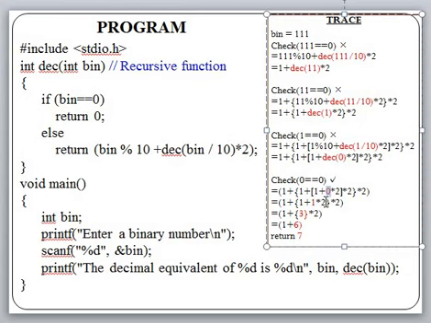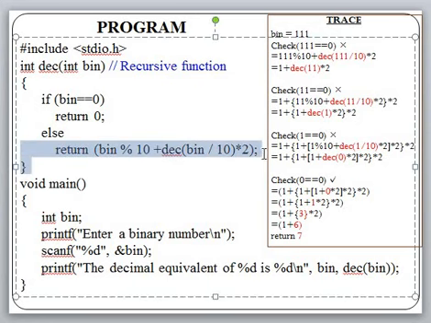That's why 1 into 2 is 2, and it is added with 1. So the result is 3, inside this flower bracket, and the 2 is multiplied with it, so it is 6. When we remove that one more bracket, we get 6. That 6 is added with 1. Finally it will return, so this return will give us the value 7.